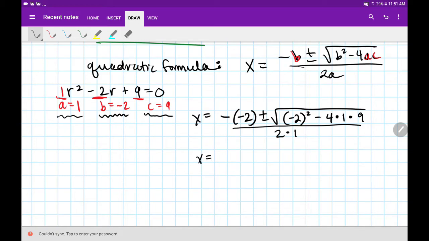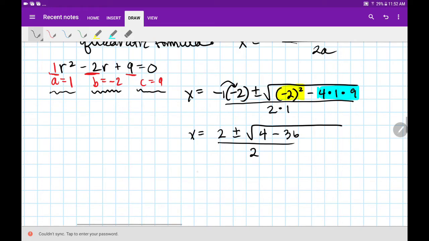Okay, let's simplify. Negative 2 is positive 2, plus or minus negative 2 squared, or negative 2 times itself, is 4, minus 4 times 1 is 4 times 9 is 36. So this became 36, and it's a minus 36 all over 2.